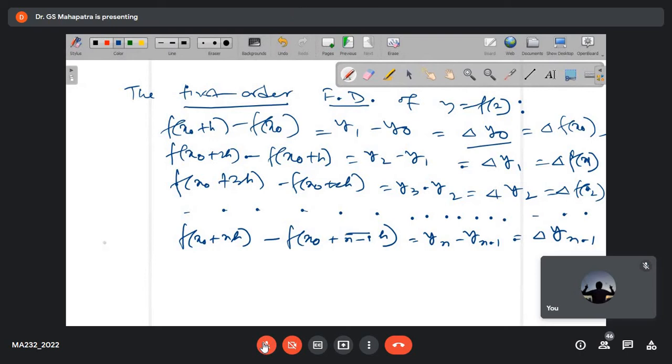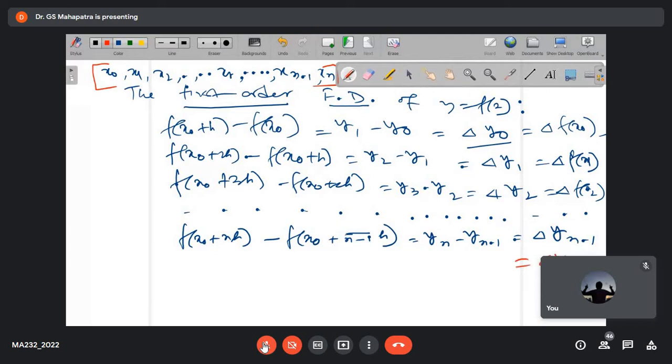Say the arguments are x naught, x1, x2, xr, up to xn minus 1 and then xn. If this is the argument, what is the last first order forward difference? Can we find del of yn?